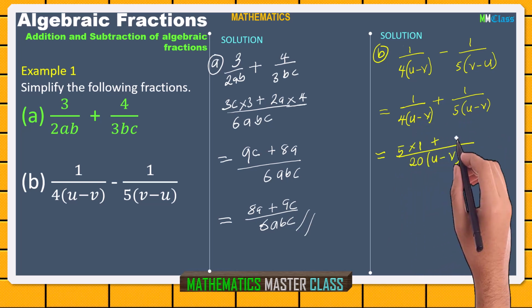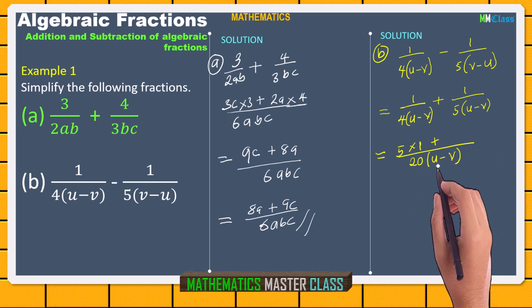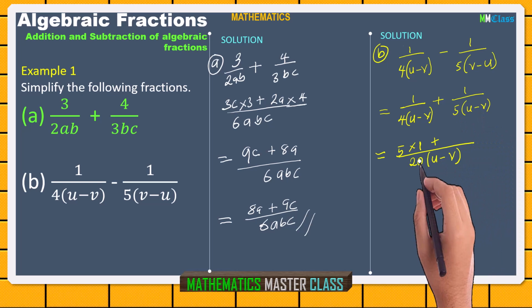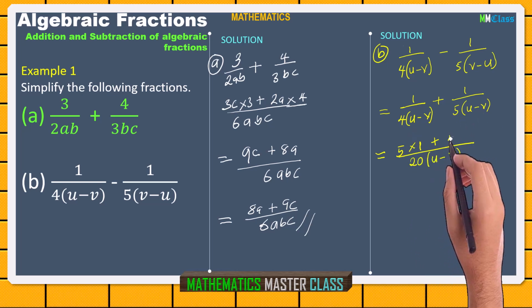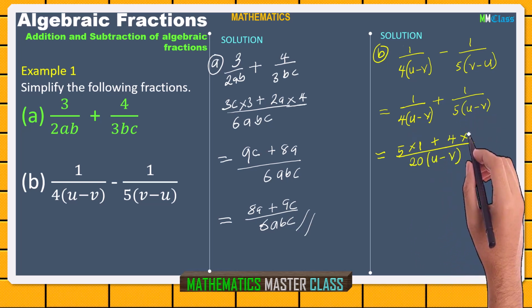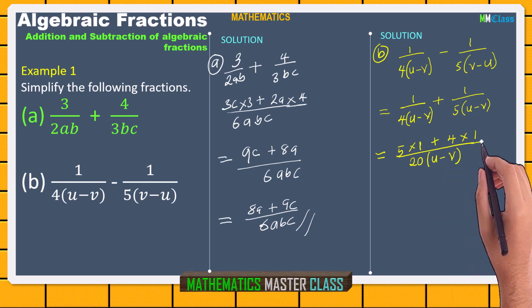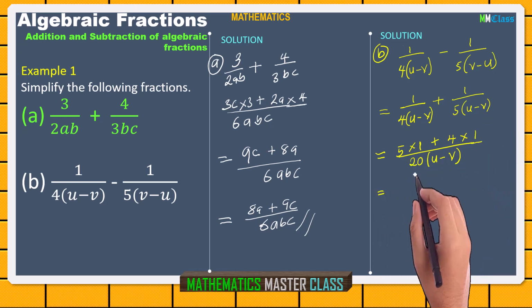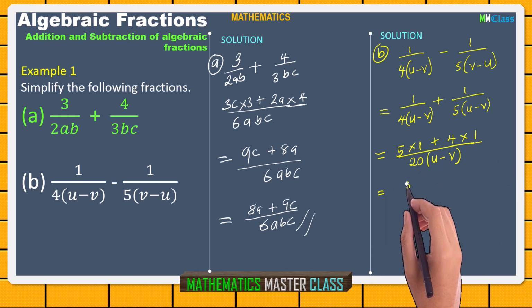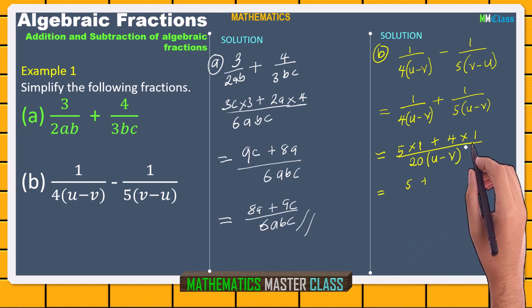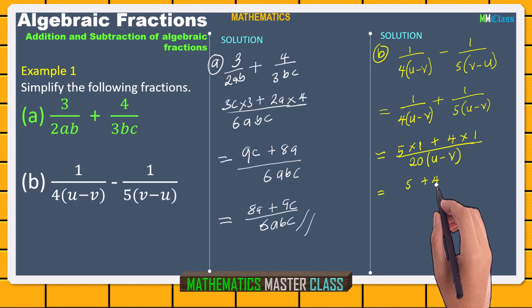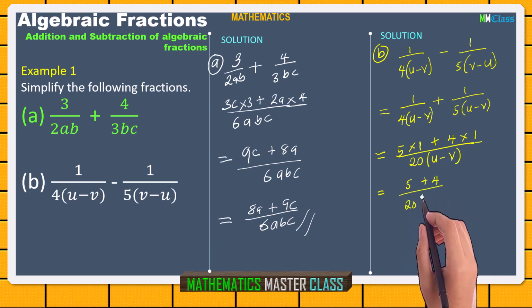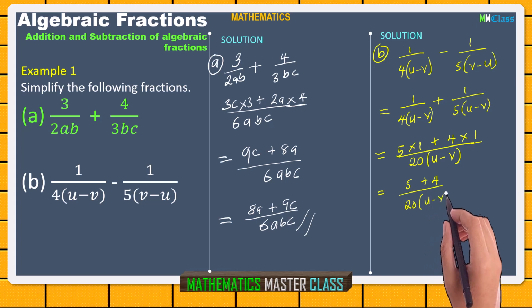And if the whole of this comes here, divide the denominator, we are going to get this 4 here, and it will multiply this 1 here. So this will now be equal to 5 times 1 will give us 5, plus 4 times 1 will give us 4, all over 20 open bracket u minus v close bracket.